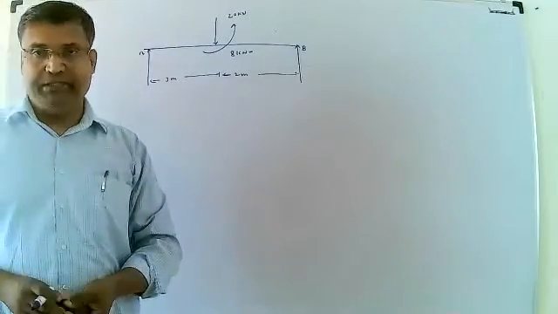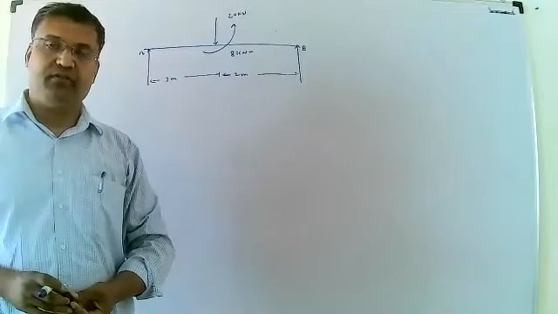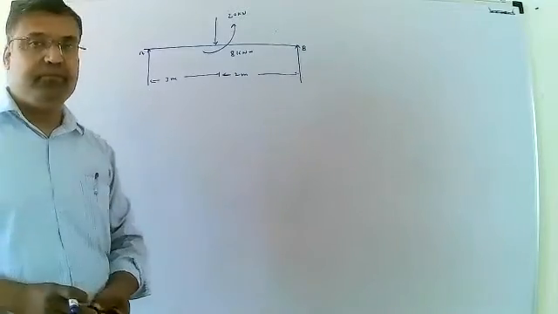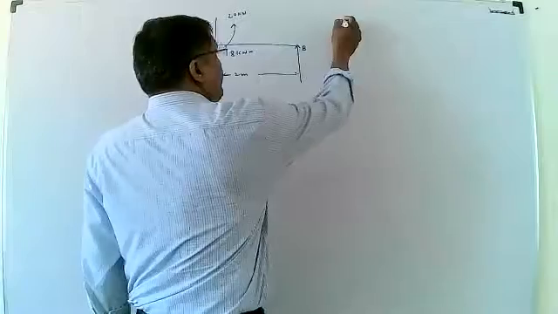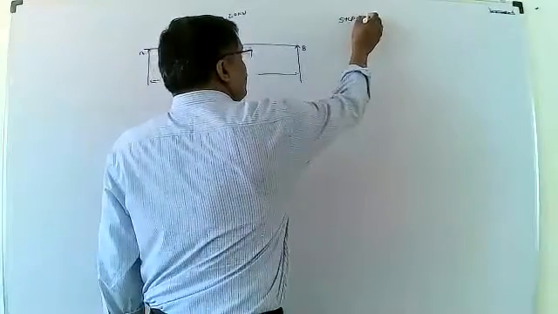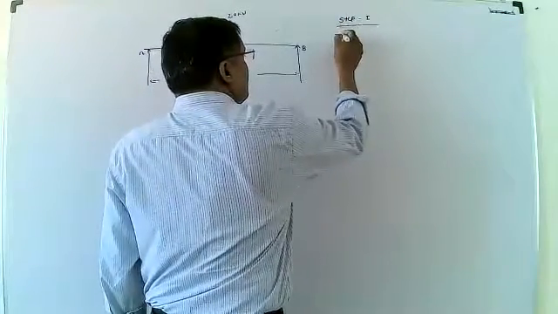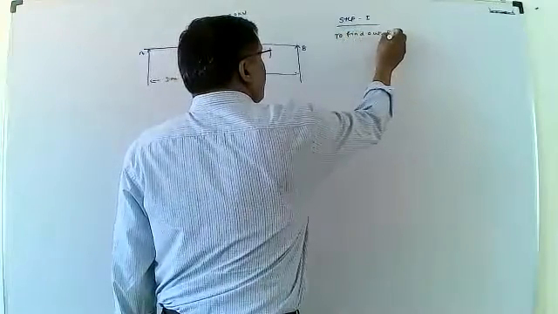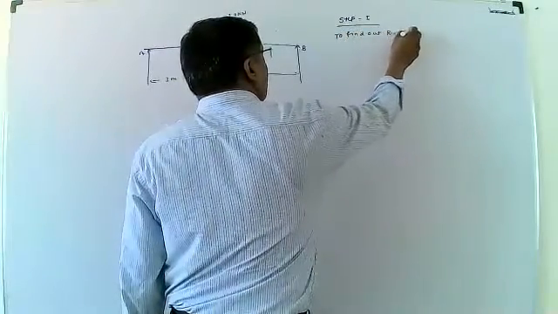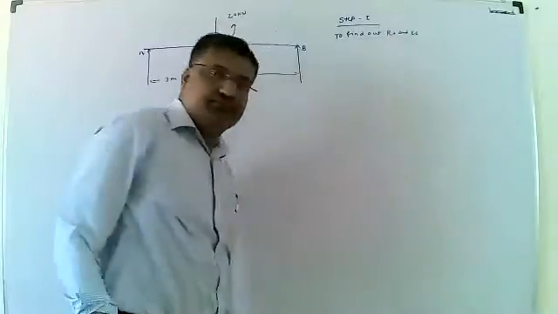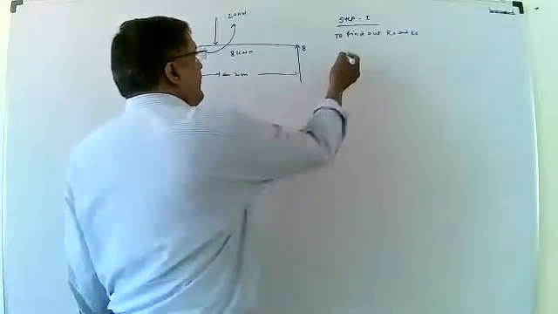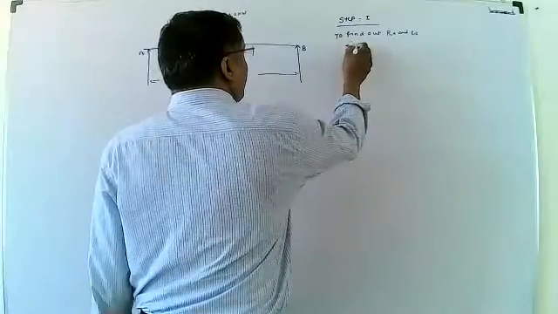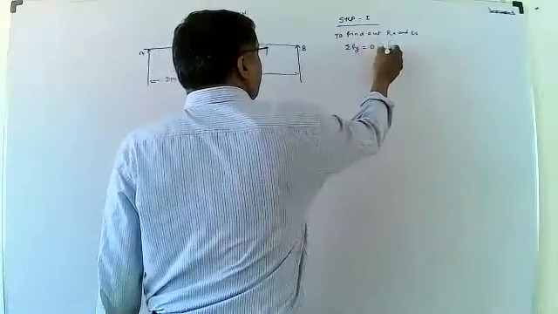Here, first we calculate the reactive forces at A and B, to find out RA and RB. Here, summation of Fy is equal to 0.